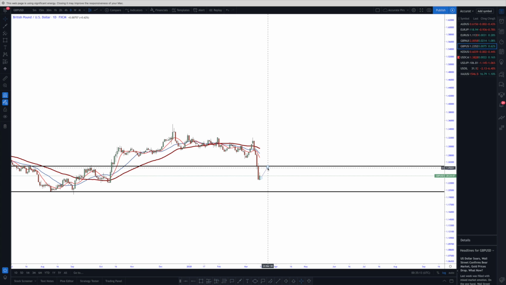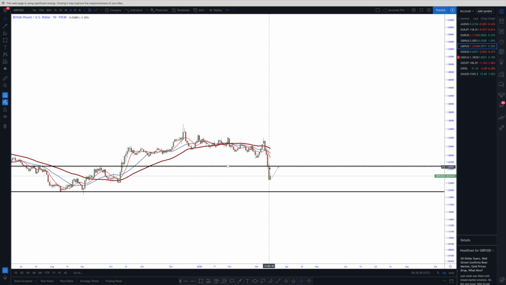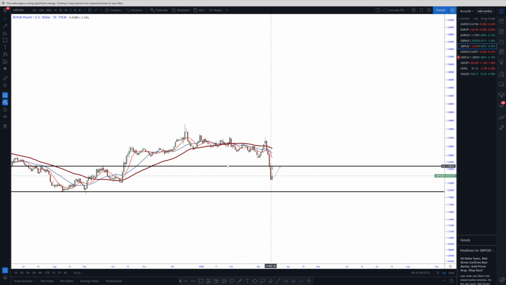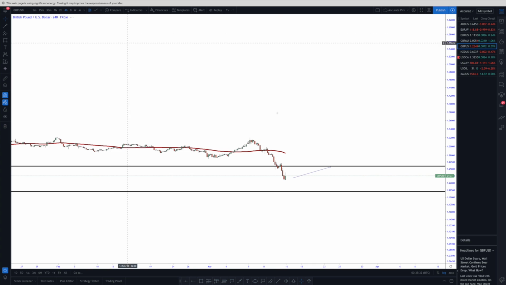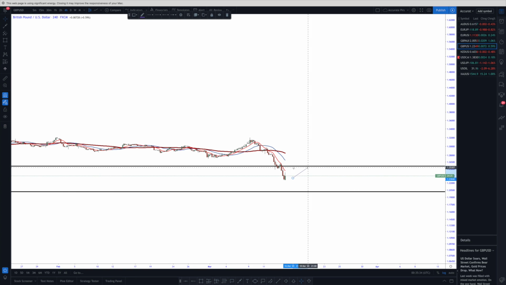Could get a retracement, come back up, touch this level here, and if I see any form of reversal patterns, then I'll look to go short GBP USD. But I'm not going to force any trade on this pair, so I'm just going to monitor it and keep my eye out on it.